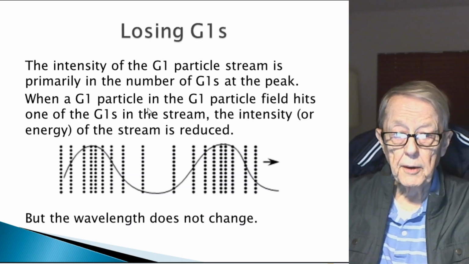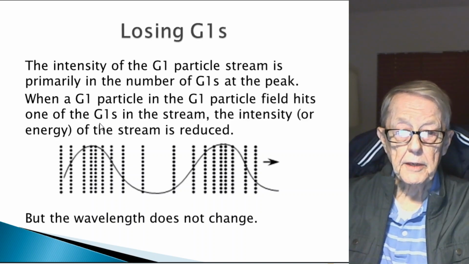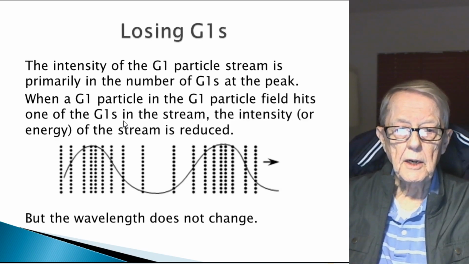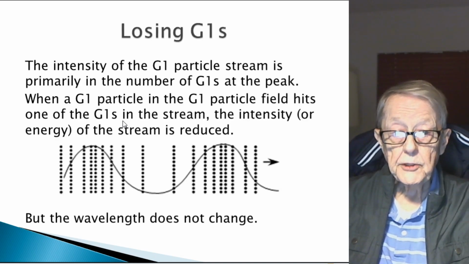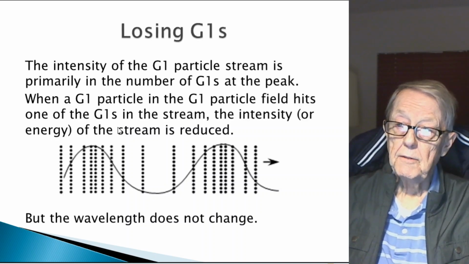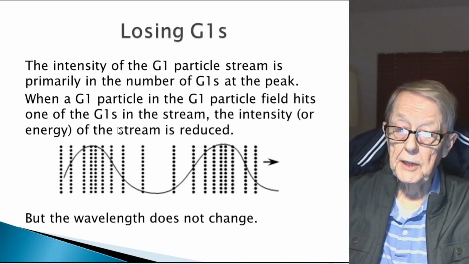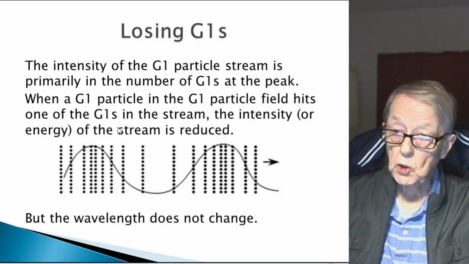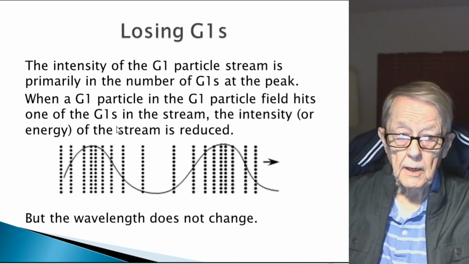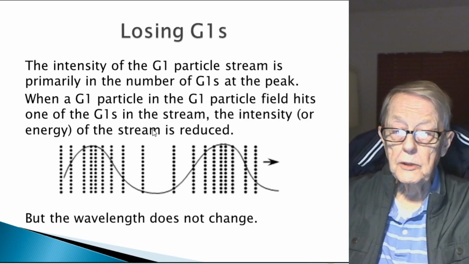When the G1 particle in the G1 particle field hits one of the G1s in the stream, the intensity, or possibly the energy of the stream, is reduced. That is a way for light, in the case of tired light, to hit something and lose energy and reduce its intensity.